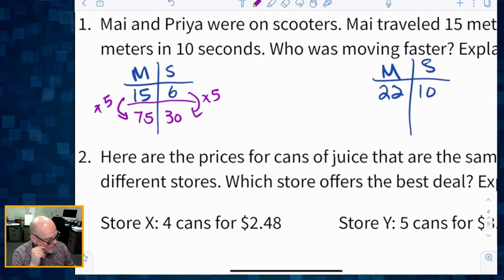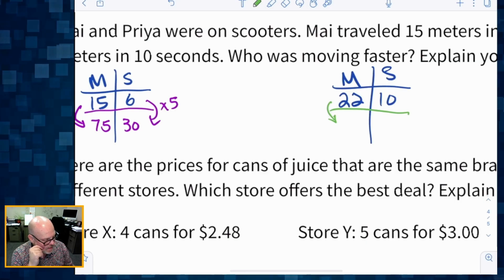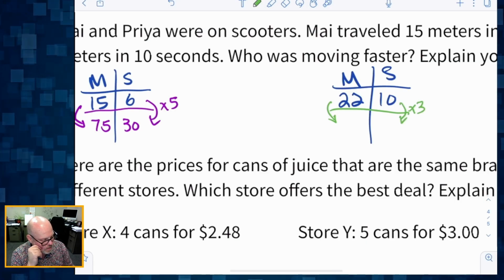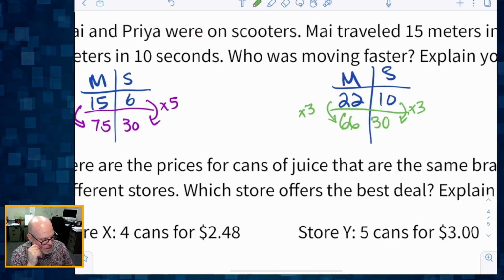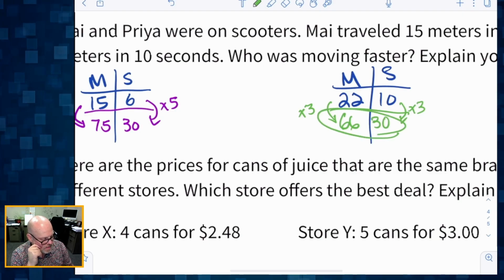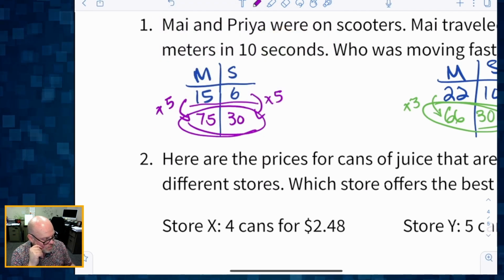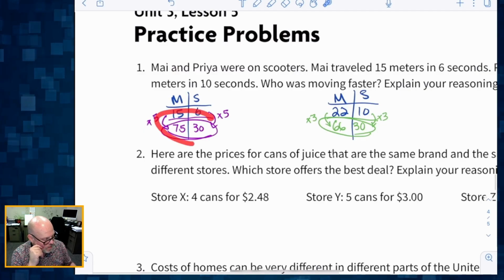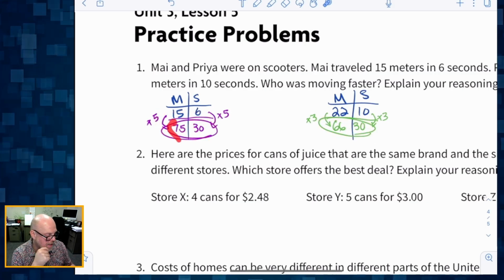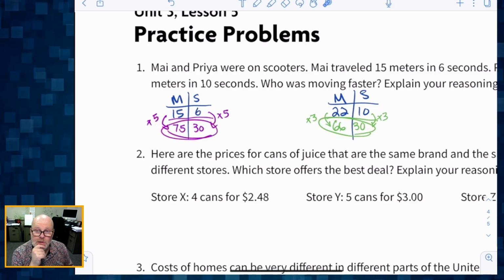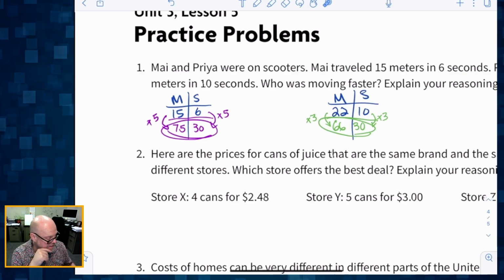For Priya, I could scale up by 3, multiplying by 3. That gives me 66 meters in 30 seconds. So I can see that Mai is moving much faster than Priya, because in 30 seconds, Mai can travel 75 meters while Priya only travels 66.